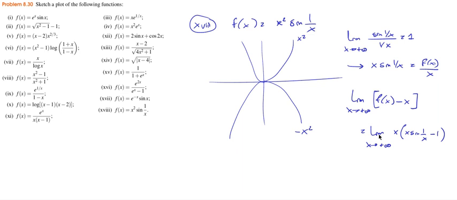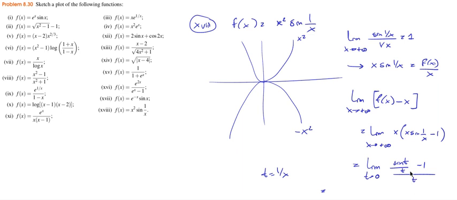But you can also write this as the limit when x goes to plus infinity of the sine of 1 over x divided by 1 over x, minus 1 divided by 1 over x. And you can change the variable here, t as usual equals 1 over x. So this is the limit when t goes to 0 of the sine of t divided by t minus 1, divided by t.